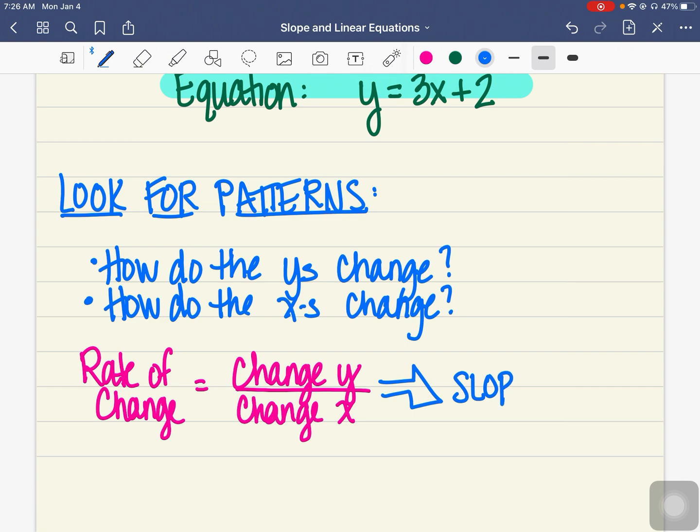This is also called the slope of a line. Okay, so it just tells us how a line is changing when the x's and the y's change. All right. I think it's easier to see in action, but remember to keep in mind that all we're really doing is how do the y's change and how do the x's change? That's kind of how we're looking at it, and we're going to look for patterns.